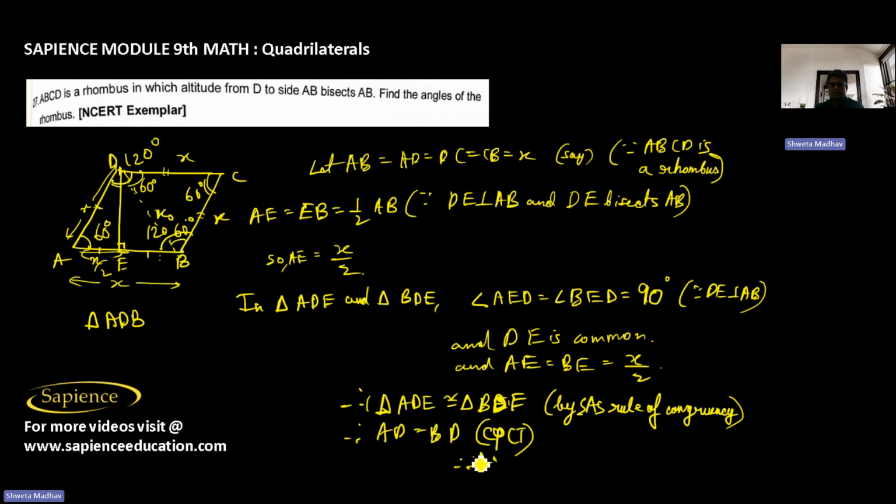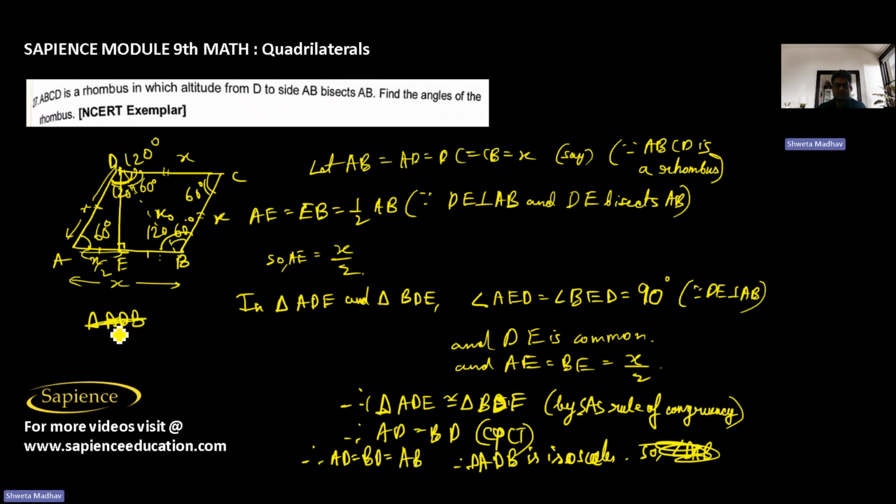From here only you can say that triangle ADB is isosceles, and all the sides are equal here. AB equals AD, so therefore we can also say AD equals BD, which is equal to AB also. So this is also an equilateral triangle. So this angle is also 120 degrees.